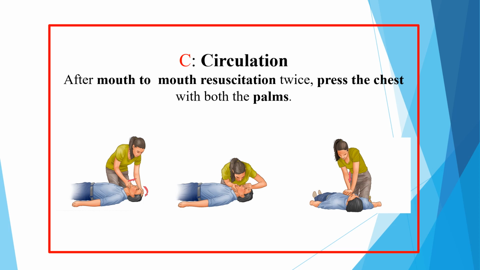In order to determine if the victim's heart is beating, place 2 fingertips on his carotid artery, located in the depression between the windpipe and the neck muscles, and apply slight pressure for several seconds. If there is no pulse, then the victim's heart is not beating and you will have to perform chest compressions.